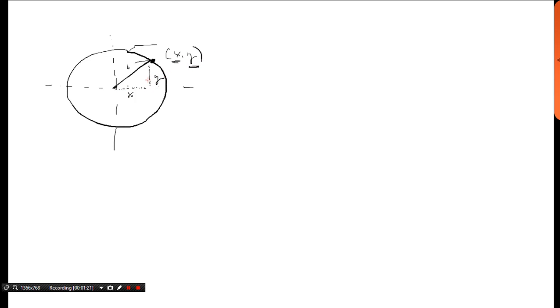So if we put the Pythagorean theorem together, we end up getting x squared plus y squared equals 1, which is totally anticipated. This is what you would expect the unit circle to be, because that's what we've been talking about since the beginning of the class. Now, let's expound a little bit. We already know that the cosine of this angle theta is the x, and the sine of that same angle theta is the y.